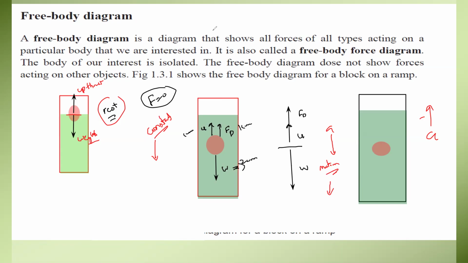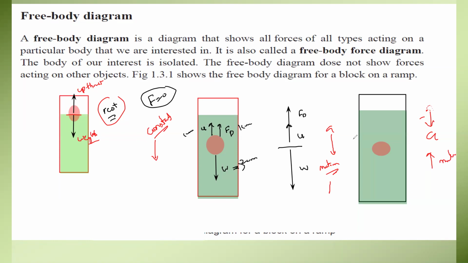But when we say it is accelerating upward or decelerating upward, what does it mean? It means the direction of the motion and the direction of acceleration are opposite. The direction of the resultant force. So both have the same meaning.